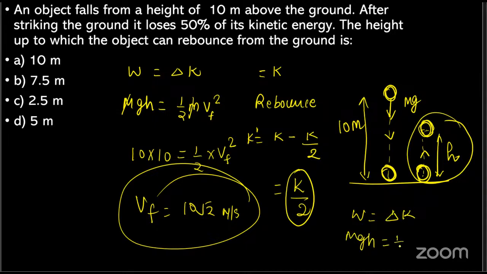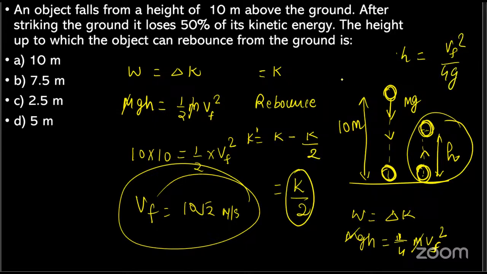The change of kinetic energy is K by 2, which we can write as 1 by 4 m v final square. So 1 by 4, m and m will get cancelled out, and g h becomes v final square by 4, so h is v final square by 4g.